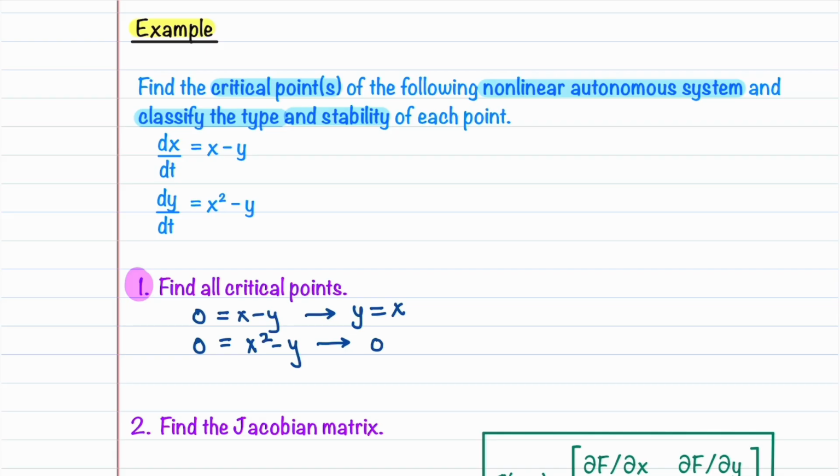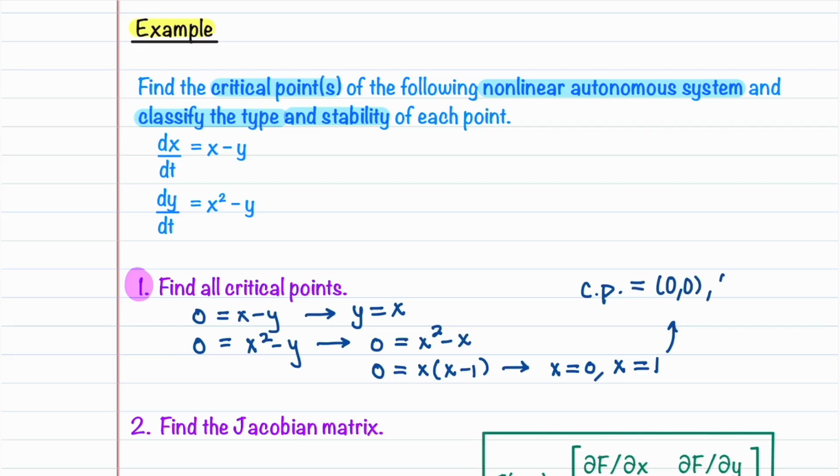This gives us 0 is equal to x squared minus x. We can factor out an x, and from here, we can see that we get x is equal to 0 and x is equal to 1. Since x is equal to y, our critical points are going to equal (0, 0) and (1, 1).